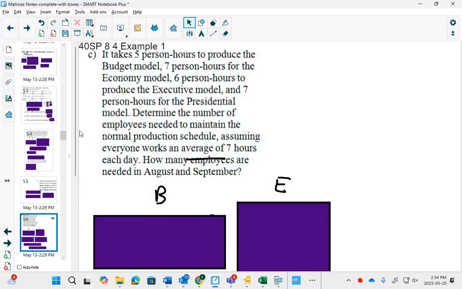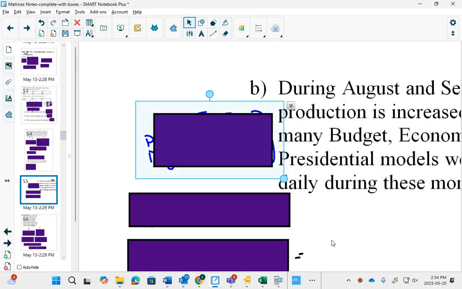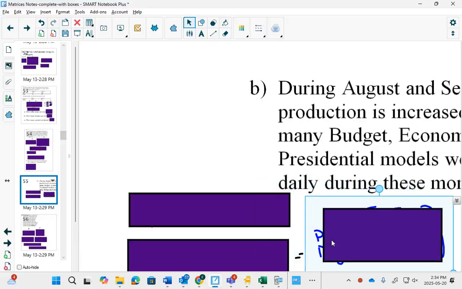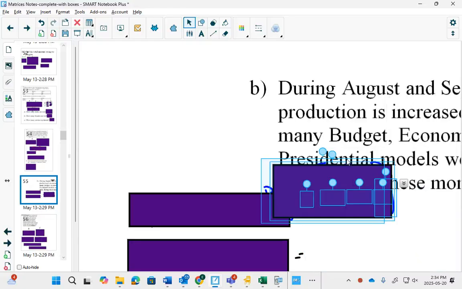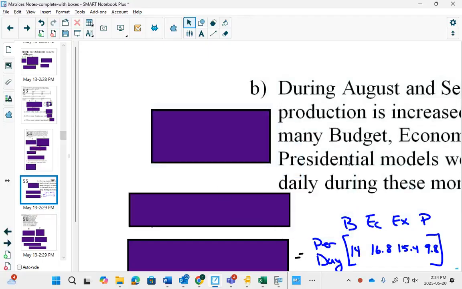No, it did not paste what I wanted it to paste, did it? Sorry. Just a little frustration. This is what I wanted.